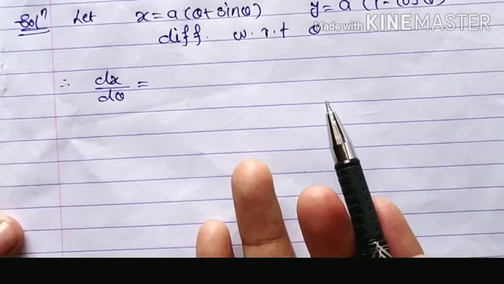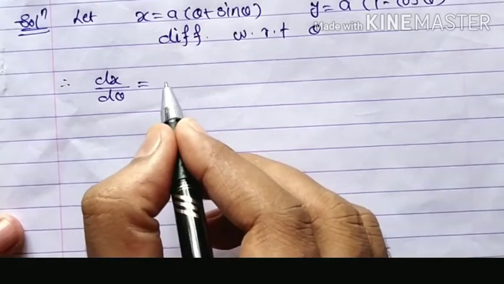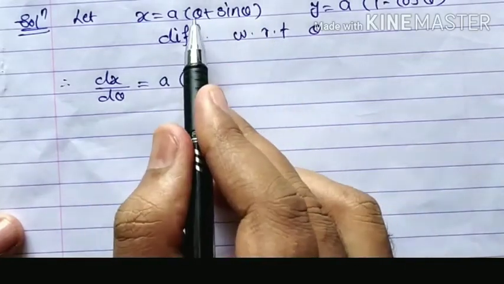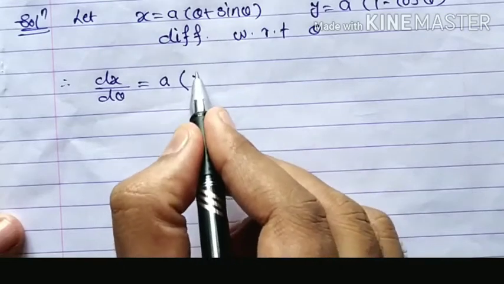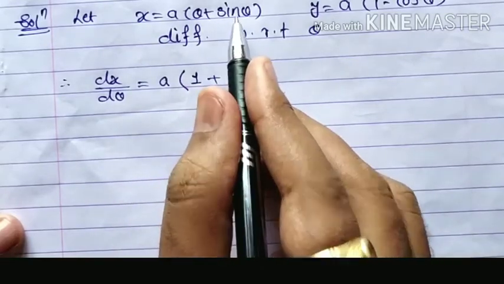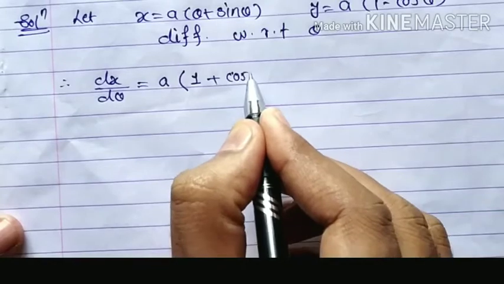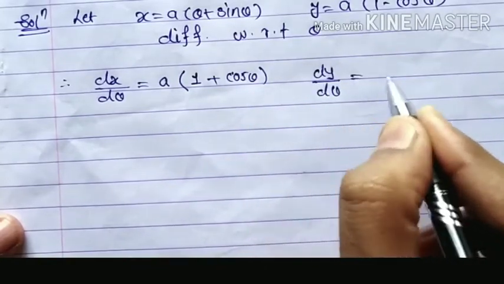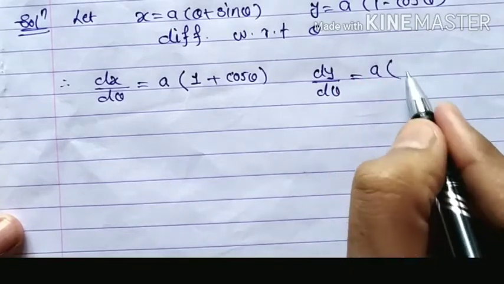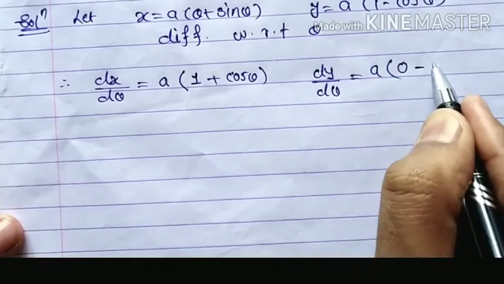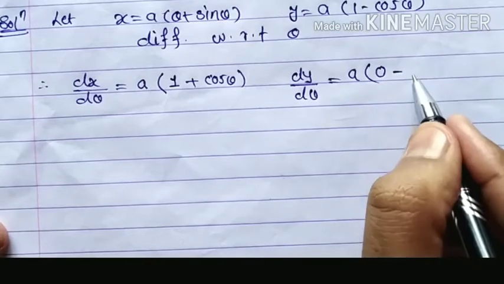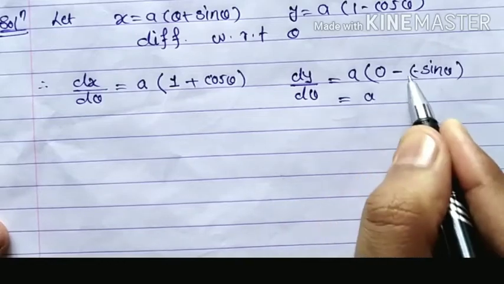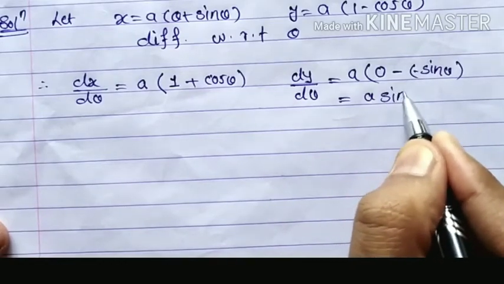The constant a stays as it is, by applying rules of derivatives. Now the derivative of theta with respect to theta is 1, plus the derivative of sin theta, which is cos of theta. Now we can also calculate dy by d theta. The derivative of 1 is a constant, so it is 0, minus the derivative of cos, which is minus sine of theta, so finally this is plus a sine of theta.